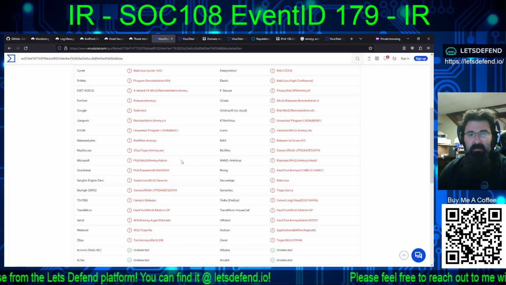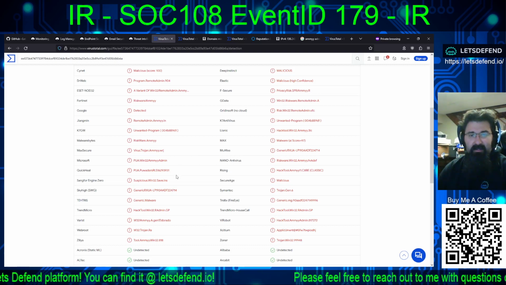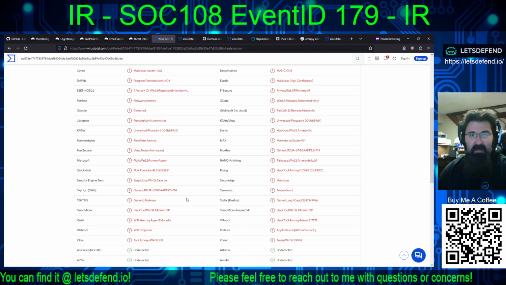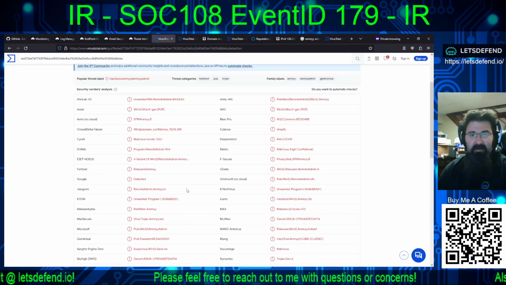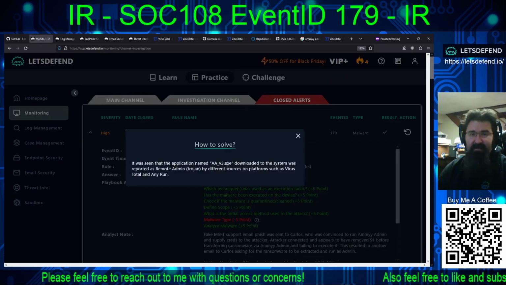So they say it should be marked as Trojan. Except there's what, 3? There's more that would mark it as potentially unwanted application or some variation of remote admin. So I don't know if I necessarily go with that.